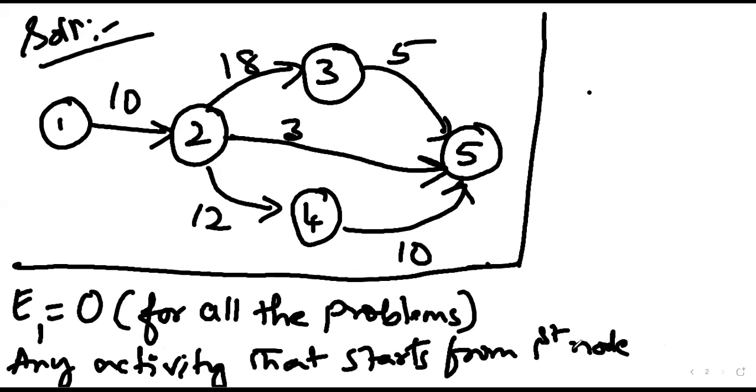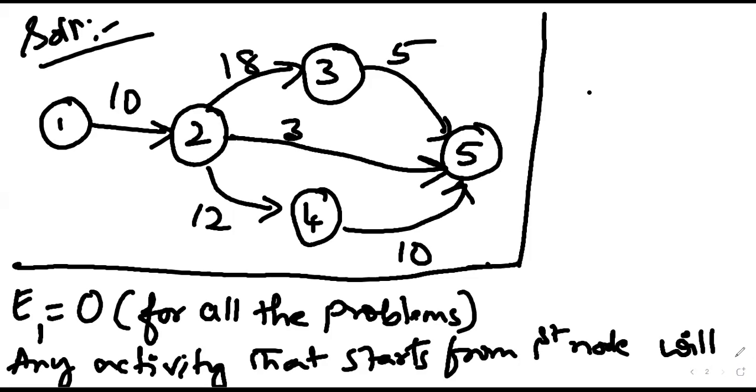Any activity that starts from the first node will have the early start date equal to 0. So that is the interpretation. E1 is equal to 0.